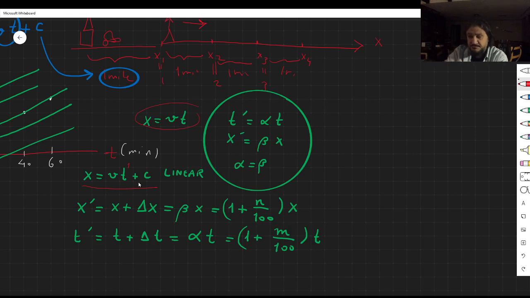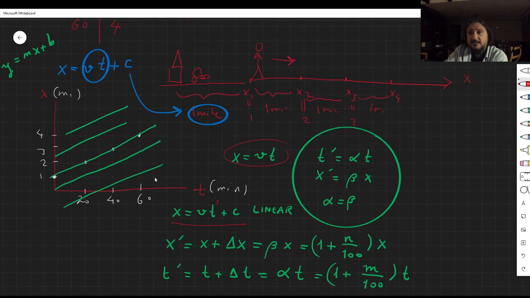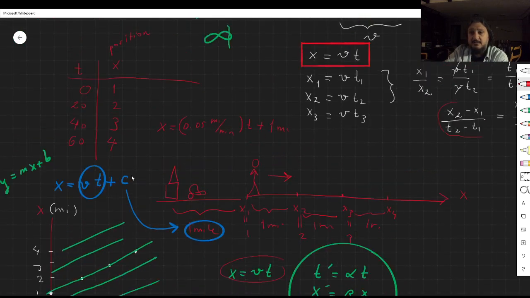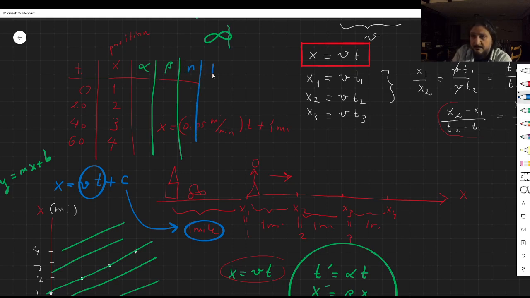So let's give it a test, okay? We have our data here. Let's add alpha and beta. And let's add n and m, just for exercise.